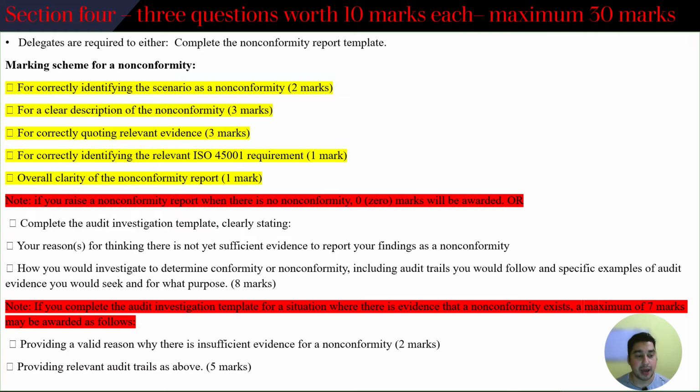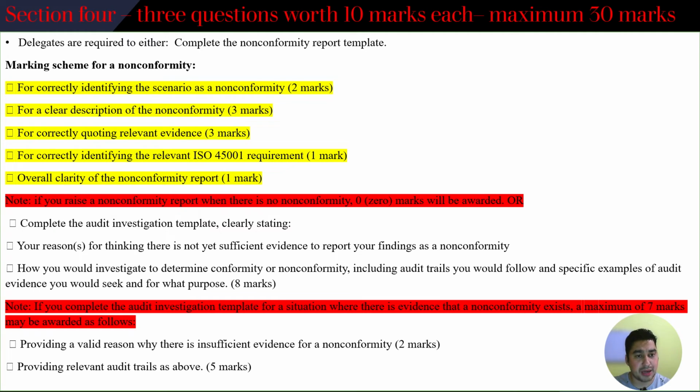Now the marking scheme for a non-conformity. For correctly identifying the scenario as a non-conformity, you will get 2 marks. I will explain how the questions will be there and how you have to identify.